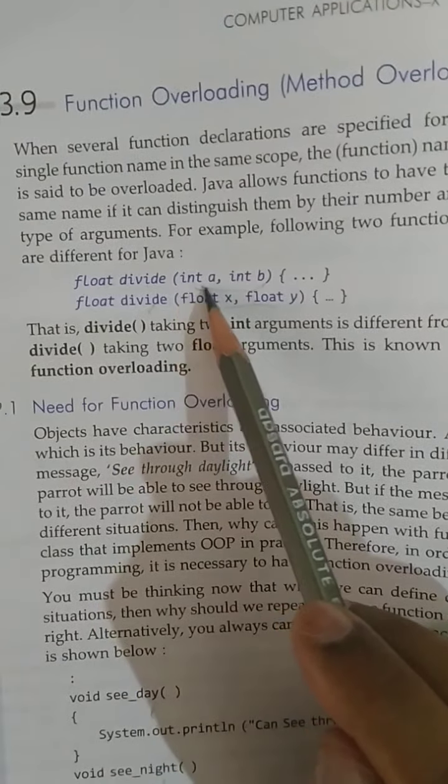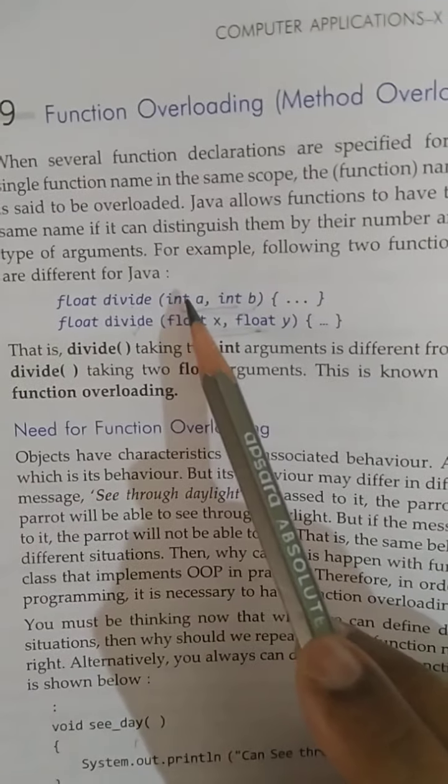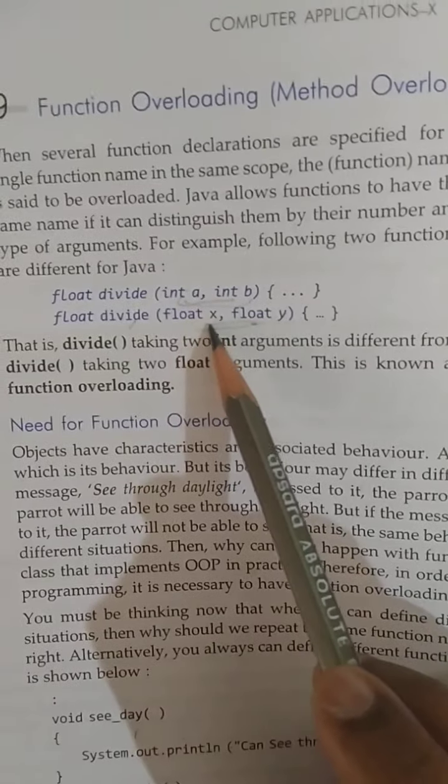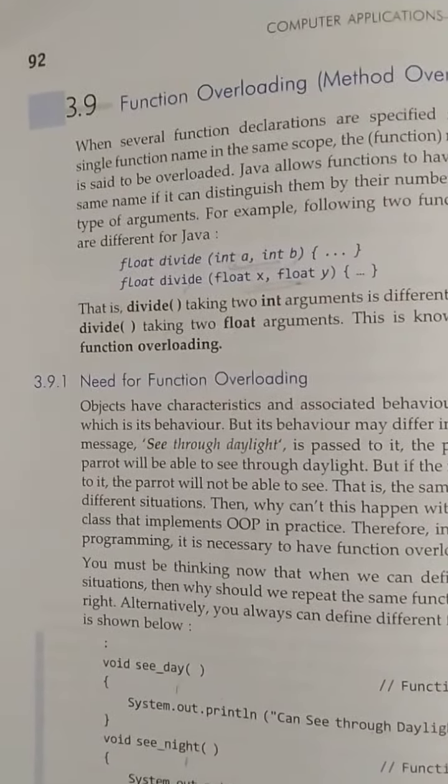See here, the number of arguments is 2. Here is also 2, no issue. But see the type: it is passing int type, and here it is passing float type. So a function is said to be overloaded when it has 2 or 3 functions with the same name but a different signature.